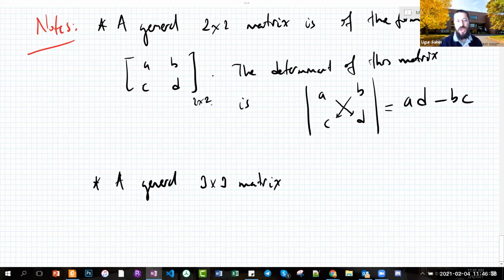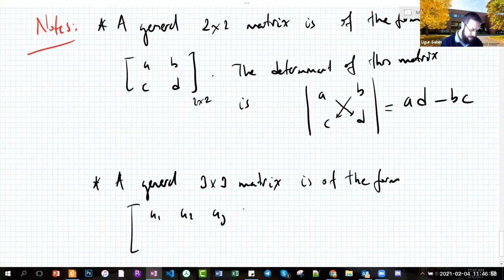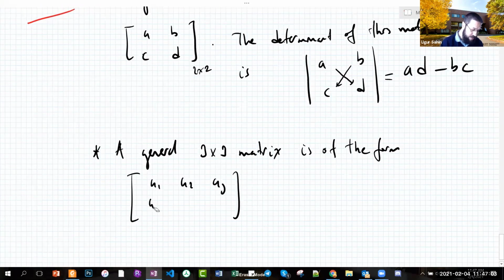That is why it is called a 2 times 2 matrix. In a 3 times 3 matrix, I have 3 rows and 3 columns. So a 3 times 3 matrix is of the form: a1, a2, a3, b1, b2, b3, c1, c2, c3.